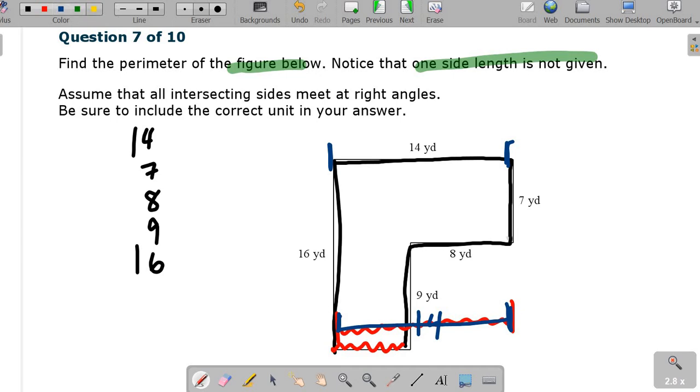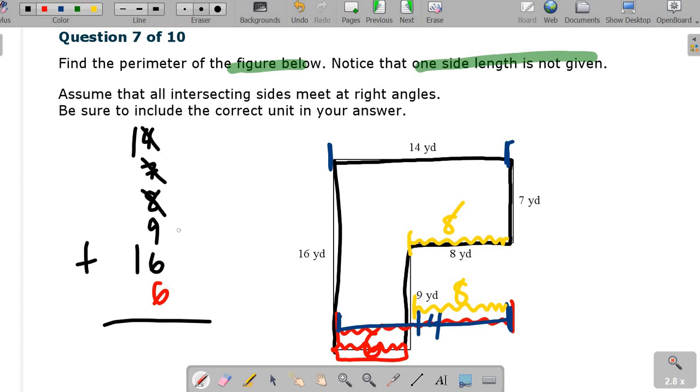And if you go back from there to there is 8. So this red piece that we want is simply going to be 14 minus 8, which is of course 6. There's your missing side. And you simply add everything up. And we get 60 yards is our perimeter.